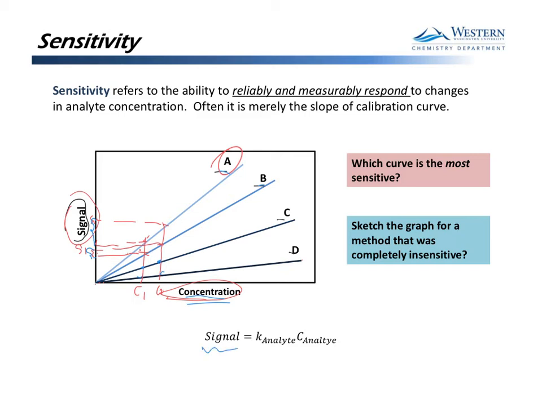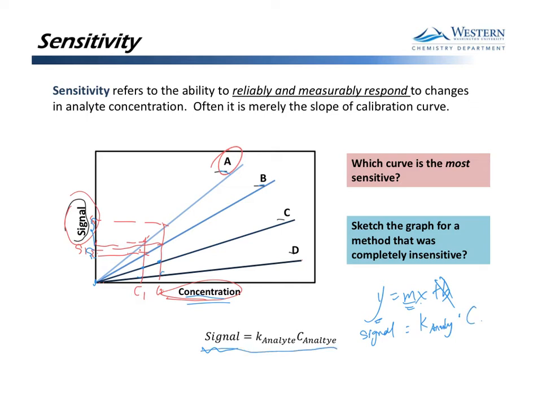So from this plot, if you have a slope, you know y equals mx plus b, and here if it starts from 0, then b is 0. You can see y here is the signal, right? And m is the slope, which is the k of the analyte, times x, which is the concentration, okay?